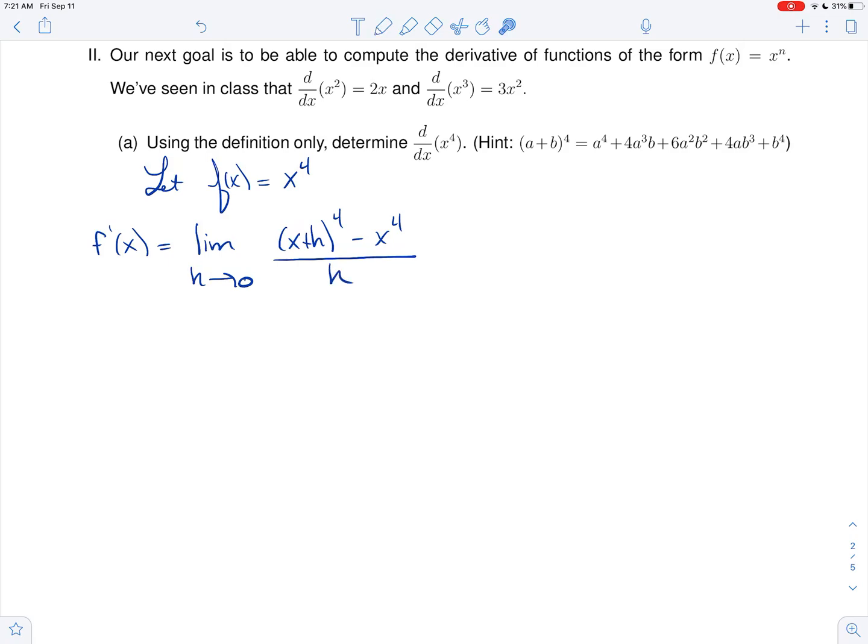And you can just expand this out if you know Pascal's triangle. That's helpful. But I did give you this little hint here, which should make things a little bit easier.